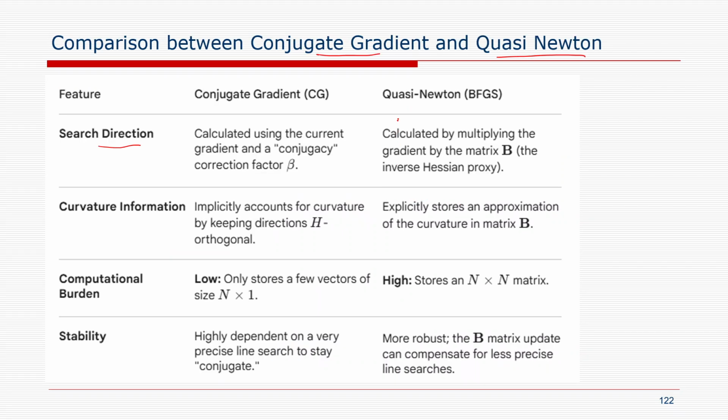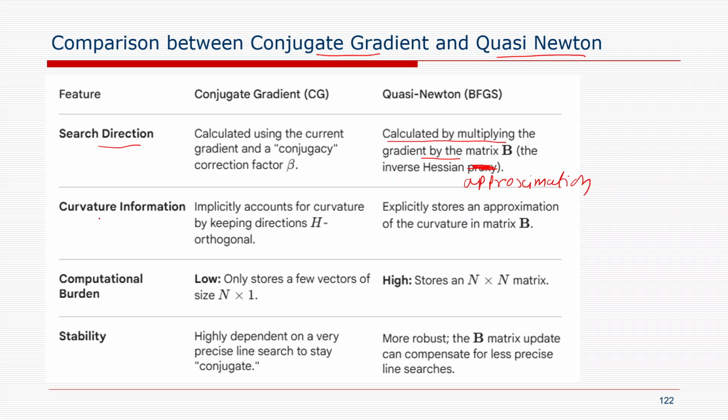But in quasi-Newton, the search direction is calculated by multiplying the gradient by the matrix B, which is an inverse Hessian approximation.